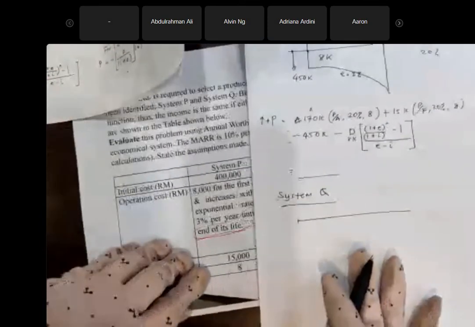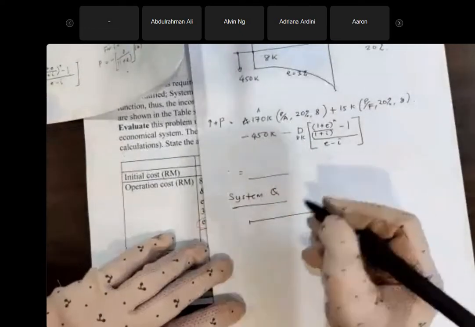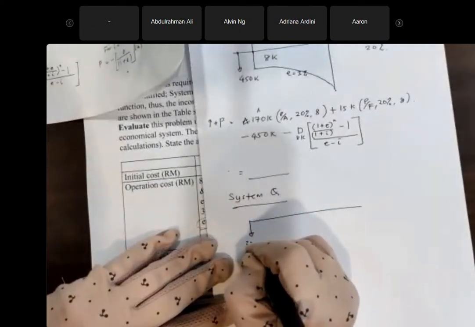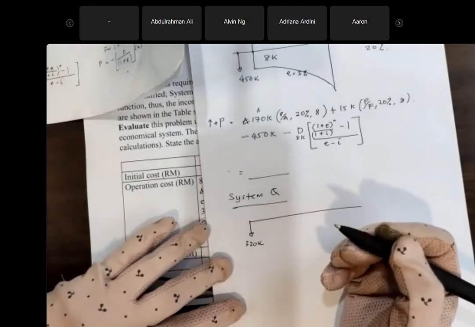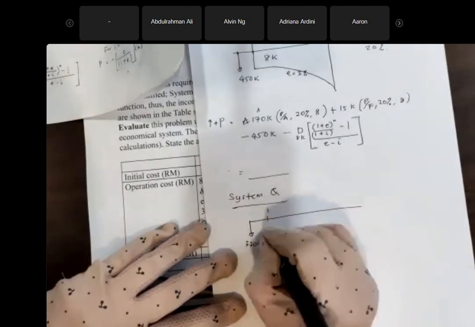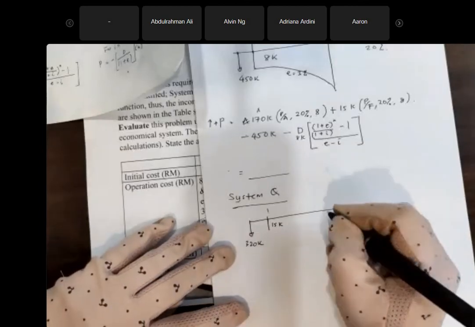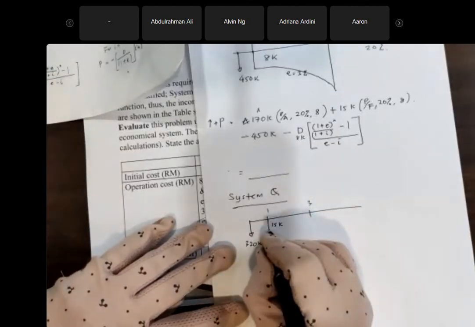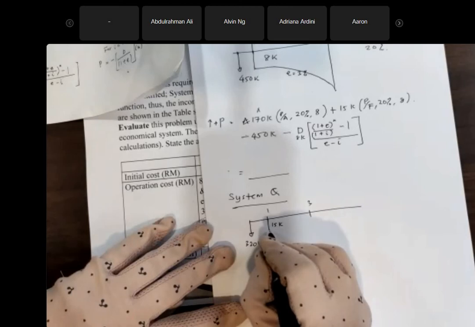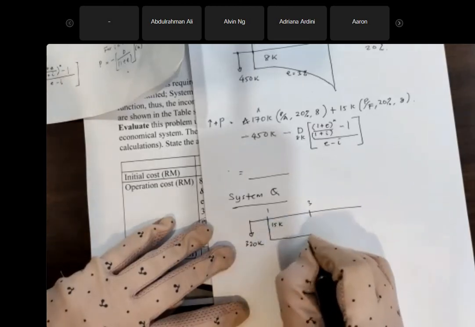Okay, now system Q. The initial cost is 320K. The 15,000 is the same. Year 1 until year 3. Is there an operation cost at year 4? Oh, okay, just like this one.